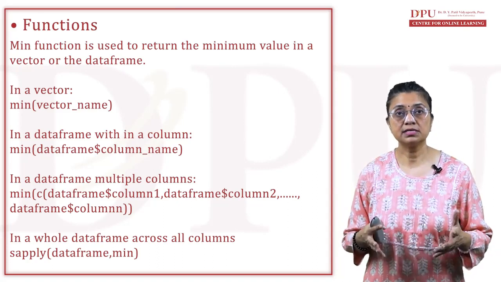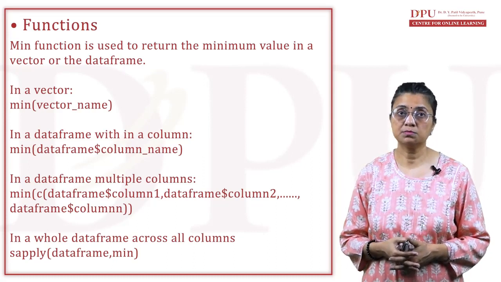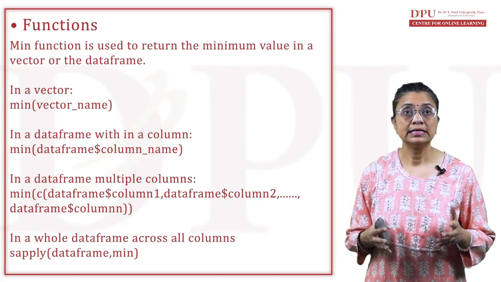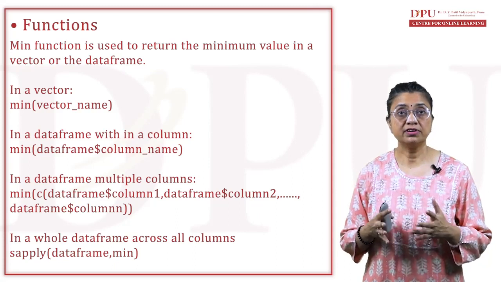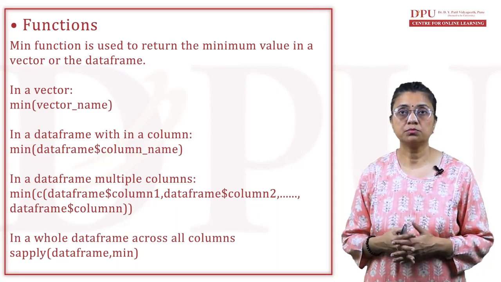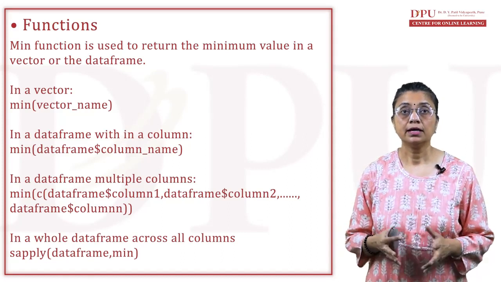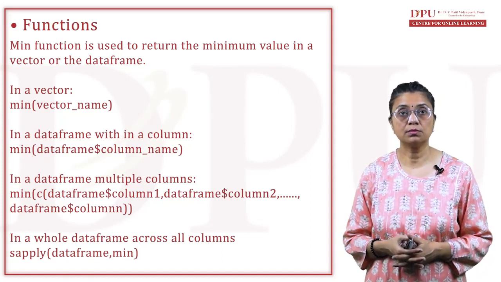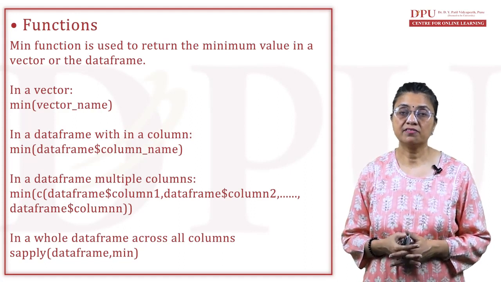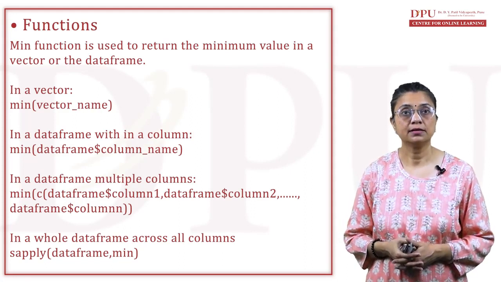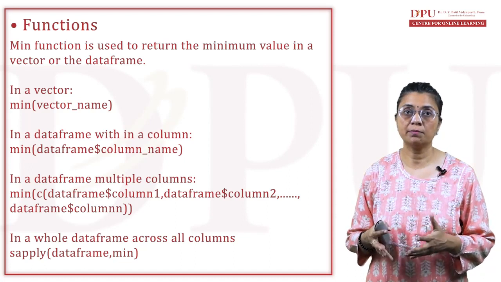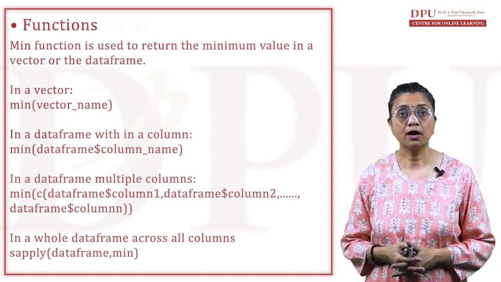Now suppose in a data frame multiple columns are there. I will use min, c is my function, data frame column 1, data frame column 2 and so on. So I have multiple columns over here. In a whole data frame across all columns, sapply is having data frame comma min. So here basically data frame comma min is the final output.